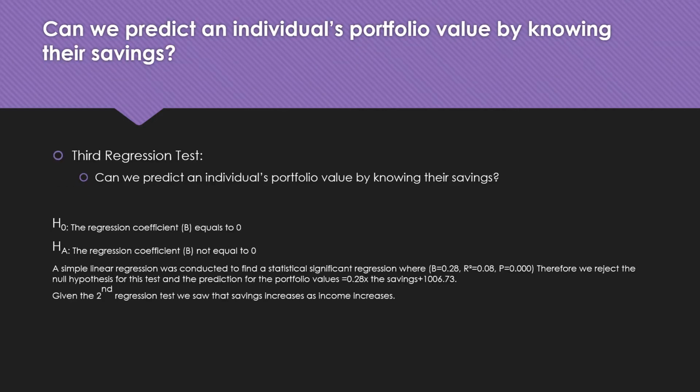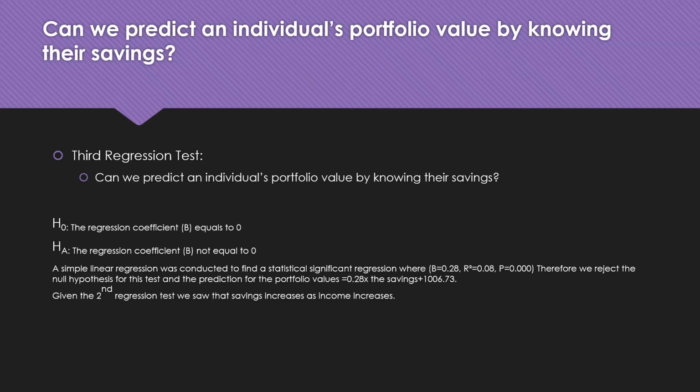The third regression test is, can we predict an individual's portfolio by knowing their savings? The null hypothesis states that the regression coefficient equals 0, and the alternative hypothesis states that the regression coefficient is not equal to 0. A simple linear regression was conducted to find a statistically significant regression, and therefore we reject the null hypothesis for this test.